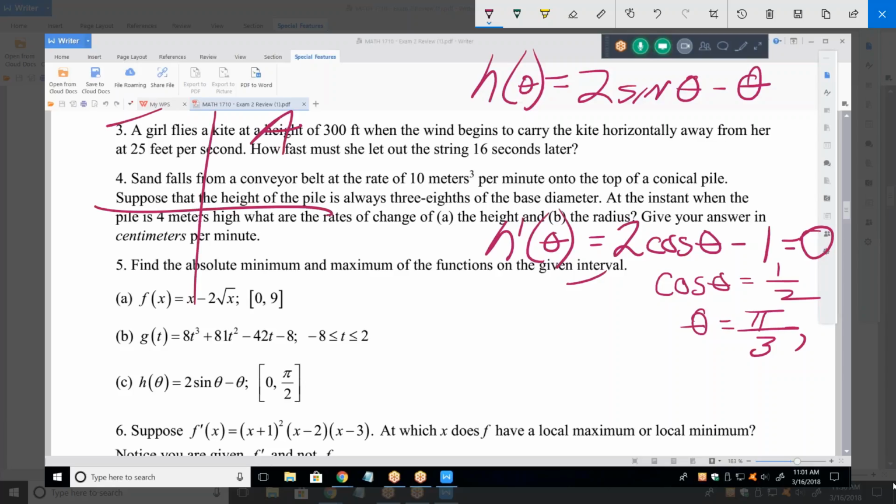All students take calculus means sine only in the second, tangent only in the third, cosine positive only in the fourth. All of them positive in the first. That's a useful thing to memorize. So it's the fourth quadrant. And the equivalent of pi over 3 in the fourth quadrant is 5 pi over 3.